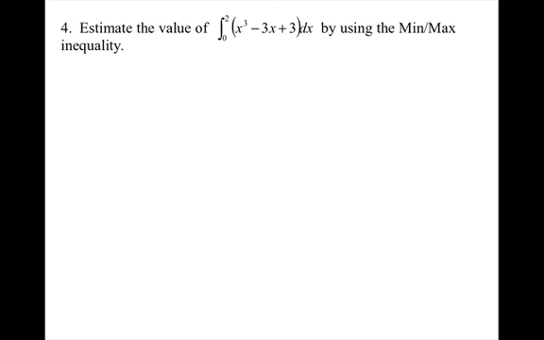Another example. This time we're going to estimate the value of the integral from 0 to 2 of x cubed minus 3x plus 3 dx by using the min-max inequality. All right, so I need to find the max and min values of the function. Now, I'm not finding local maxes and mins. I am finding absolute maxes and mins, which means y values.